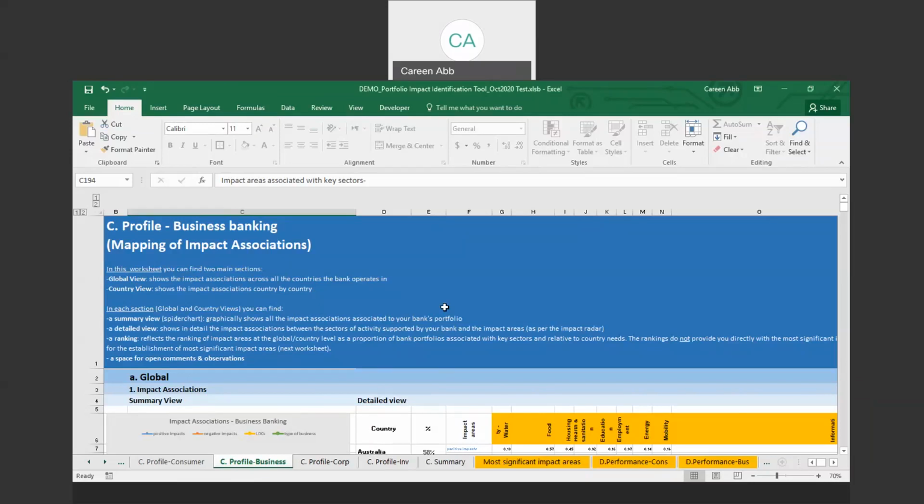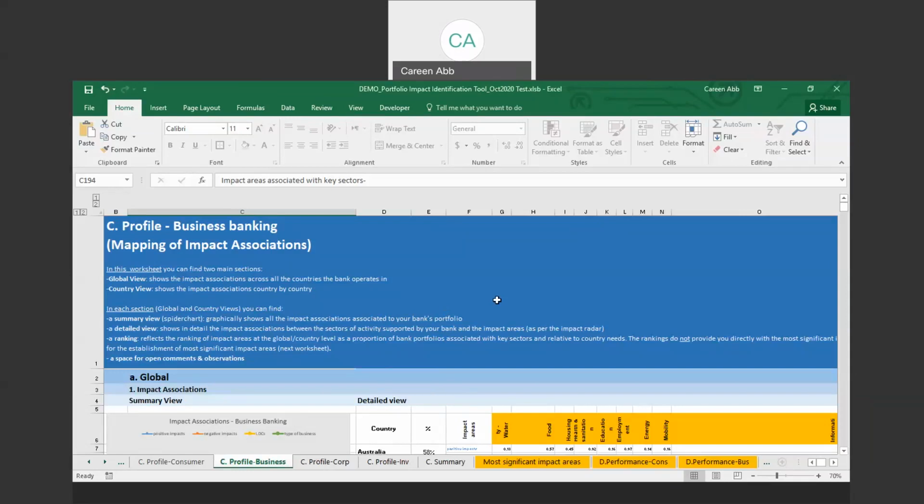The profiles are basically an overview of these different impact areas and the extent to which they associate with your portfolio, in this case, the business banking portfolio.